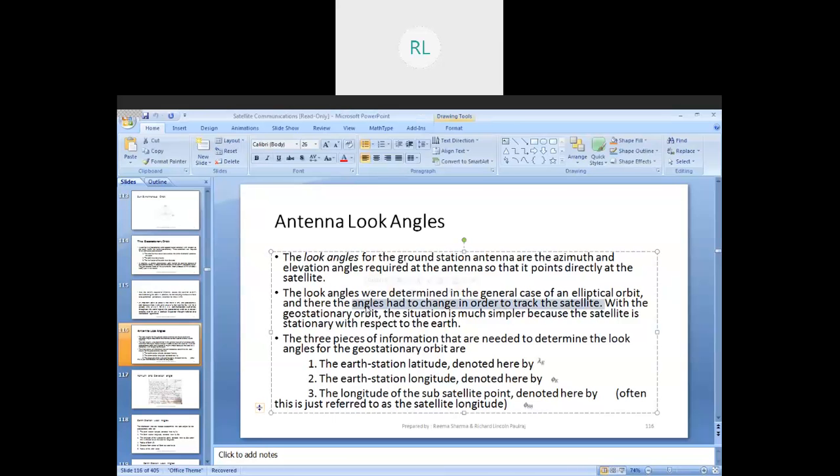In inclined orbits, the angles were not stationary; there was a slight angle, so they were not able to position the satellite properly, and the antennas were not able to face the satellites in the proper direction. There is some important notation that needs to be kept in mind, so just have a look at those.